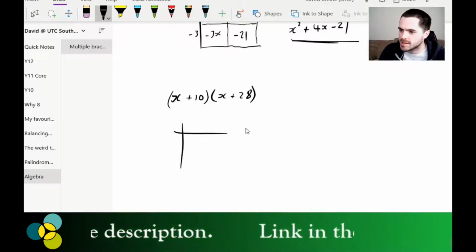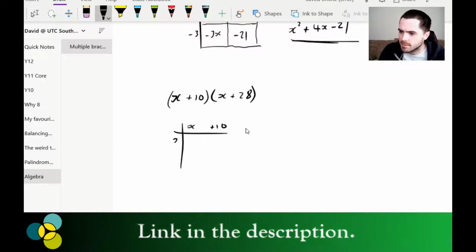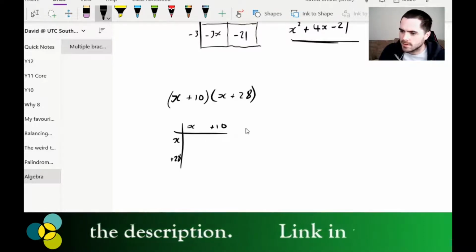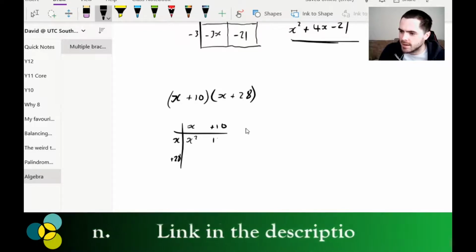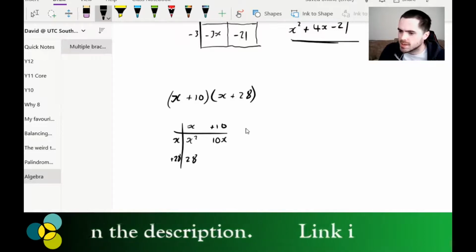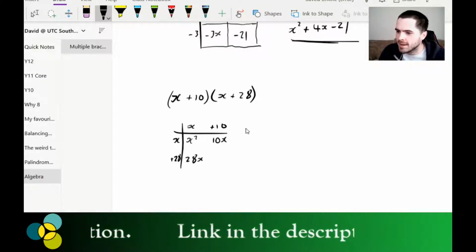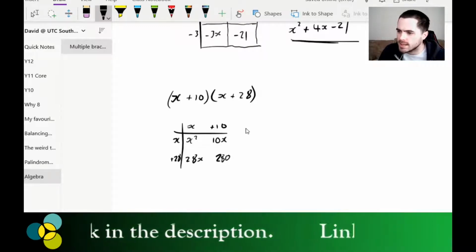Same as always, we'll put x plus 10 in the top and x plus 28 down the side. X times x is x squared. X times 10 is 10x. X times 28, 28x. And thankfully the time was being really nice given that the first hour is 10, because 28 times 10 will just be 280.